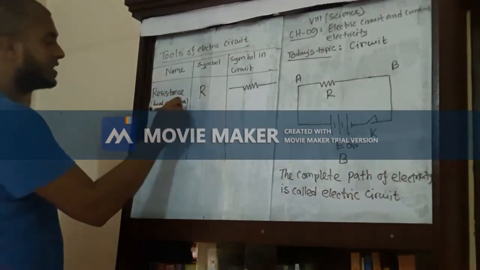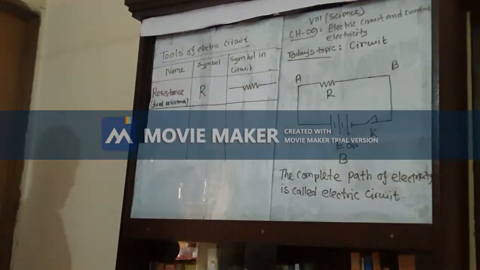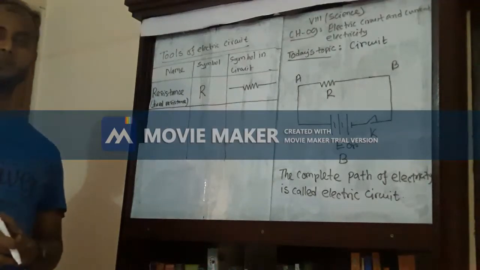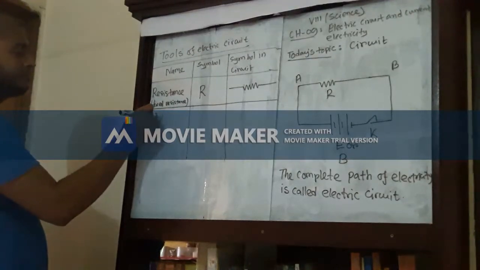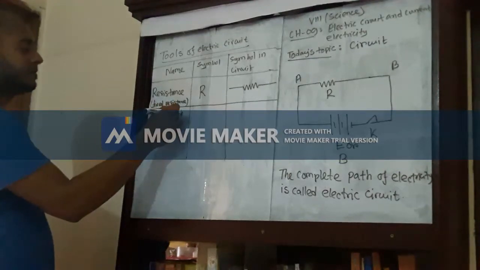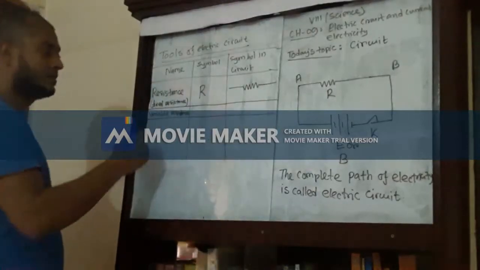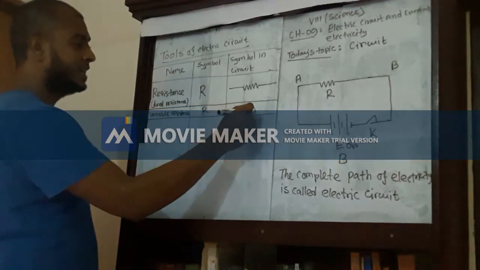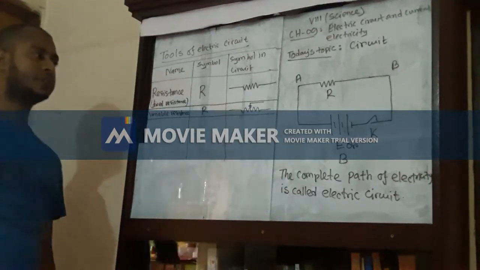In the next step, I am going to draw variable resistance. Especially the regulator and rheostat are called variable resistance. Variable resistance is also denoted by capital R, and this is the symbol of variable resistance.